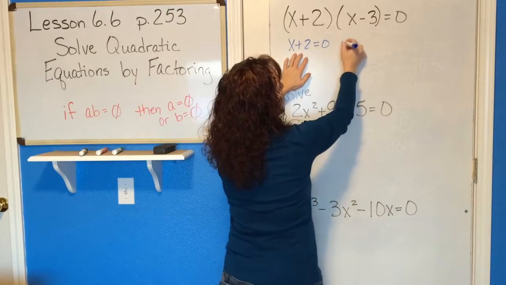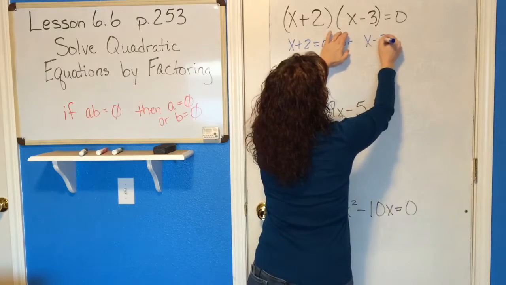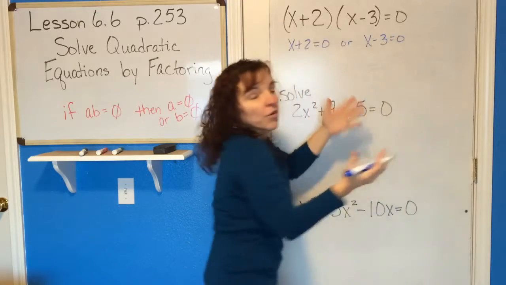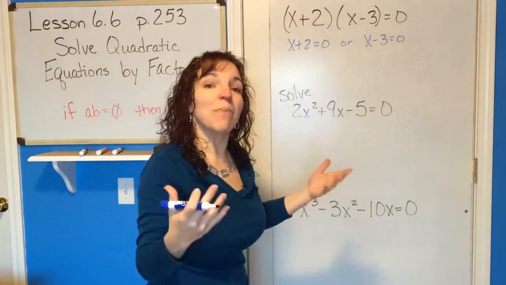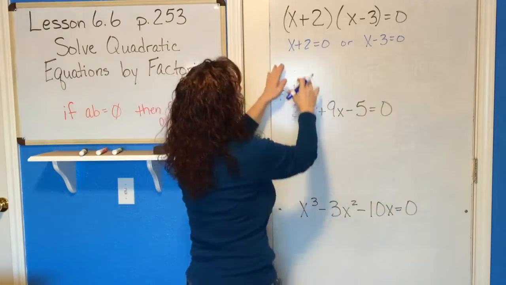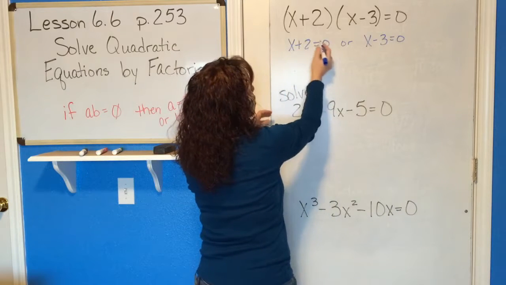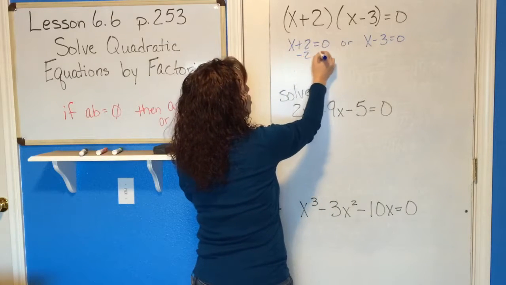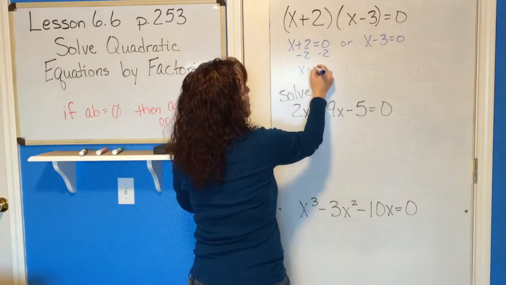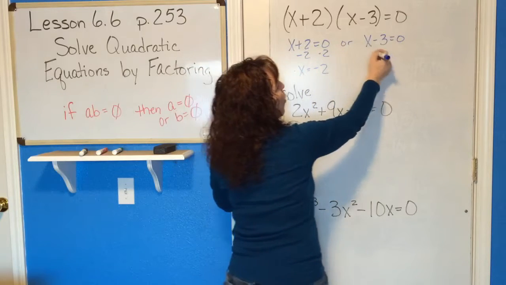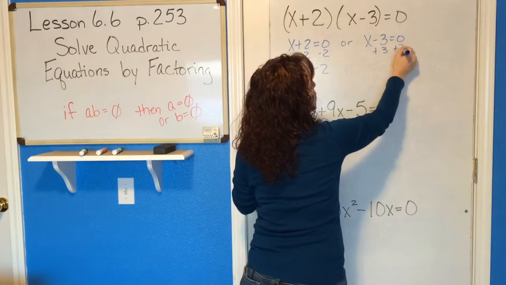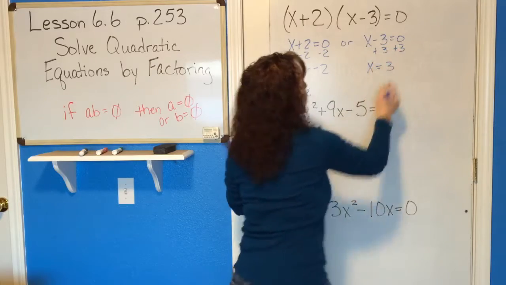Either this equals 0 or this equals 0, one or the other. It doesn't have to be both, but these are the possible solutions. So to solve for x, we subtract 2 from both sides, so x is either -2, or add 3 to both sides on this one, so x equals 3.